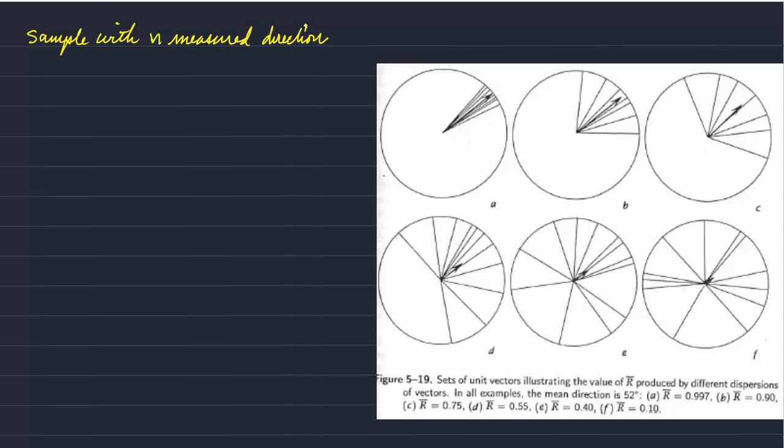So how do we compute the central or the mean direction of the sample? The mean can be computed by just associating each measurement with a unit vector and then summing the unit vectors to produce a resultant vector. And the mean is the orientation or the direction of the resultant.